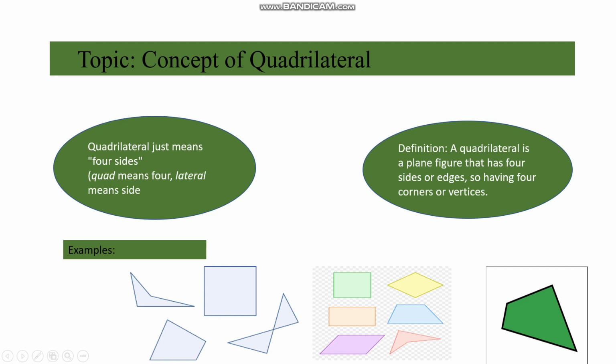And some examples we can take around us: quadrilaterals around us. For example, chessboard, carom board, notebook, kite, and all other things which are closed by four sides. Table, and all other things.